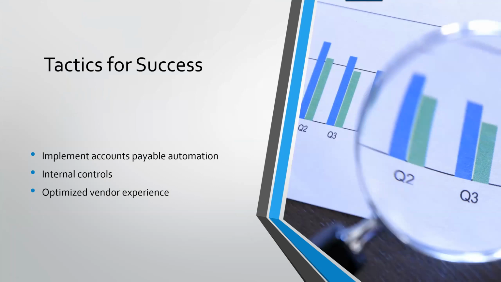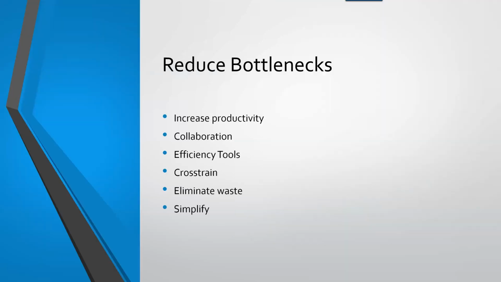You also want to make sure that your vendors have a good experience. Whenever I'm thinking about reducing the bottlenecks, one of the things that I'm thinking about is, whenever you're going into a bottleneck, it's because there's a lot of things happening on one side of the bottle, and then you have to compact all of this activity or reduce the amount of flow that happens to get to the other side.